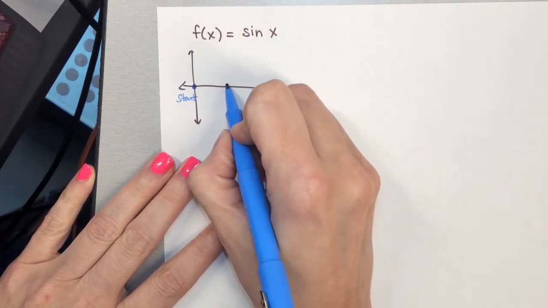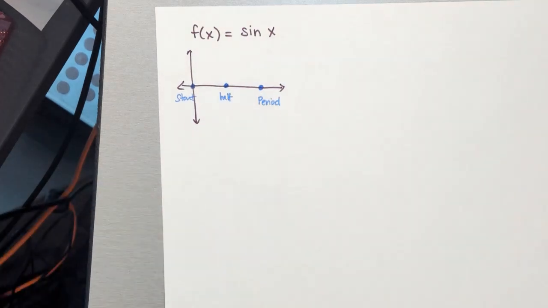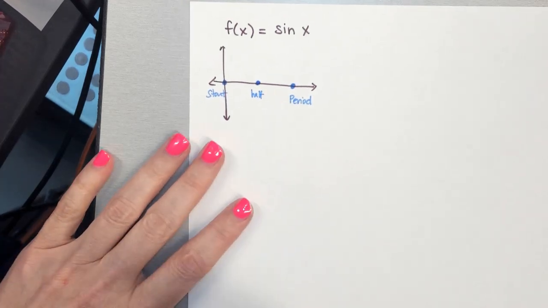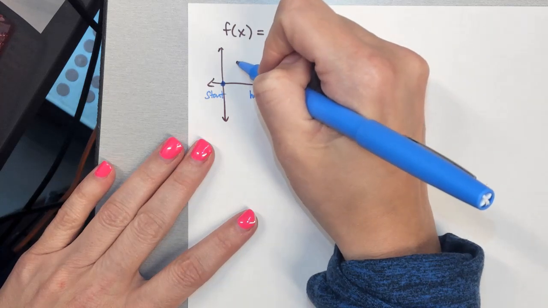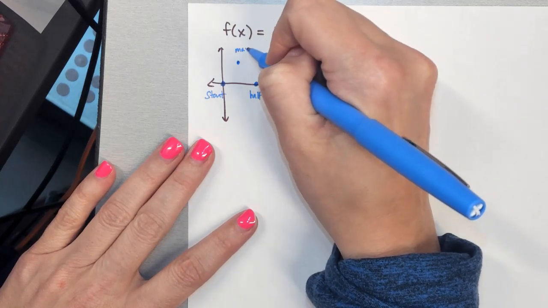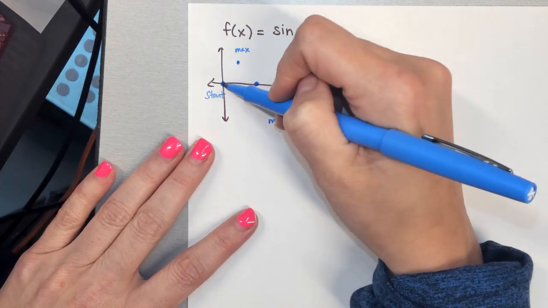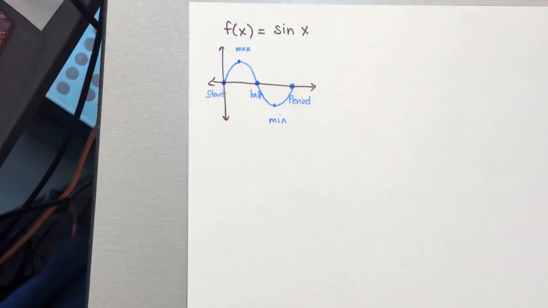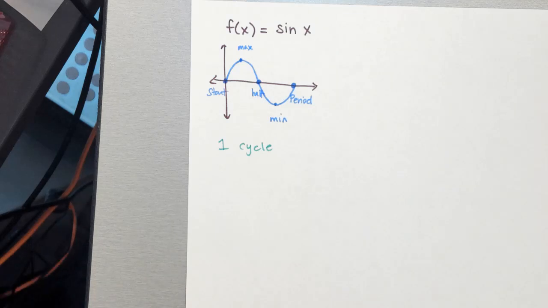Your halfway point is also on your x-axis. And then if there's no reflection for f of x equals the sine of x, you're going to reach your max value halfway in between the first two, and then your min value halfway between the second two. And then we are just drawing one cycle. So this is one cycle of the sine function.